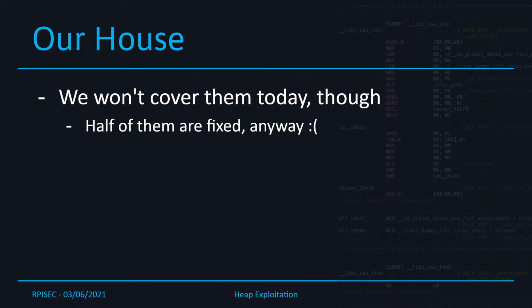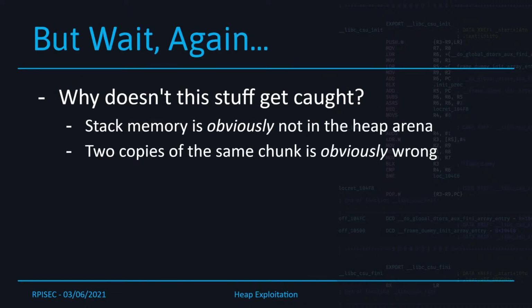glibc going from 2.23 to 2.31 patched up or added mitigations for a lot of these exploits. So that does make us wonder, though, hang on, why does this stuff work in the first place? Stack memory isn't in the heap arena. And so if I somehow tricked it into thinking the stack was a chunk, surely it should spot that.